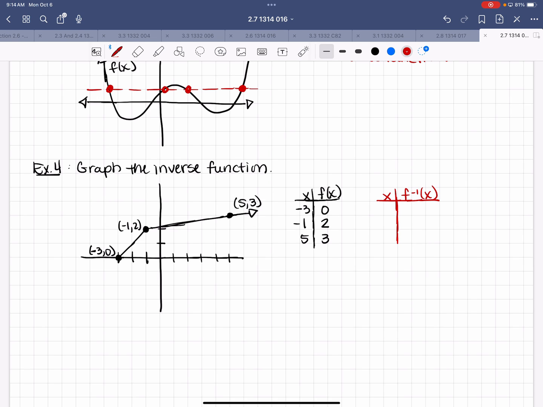Okay, so -3, 0 becomes 0, -3. -1, 2 becomes 2, -1. And 5, 3 becomes 3, 5. Now you plot them. I've got 0, negative 3. I've got 2, negative 1. And I have 3, 5.